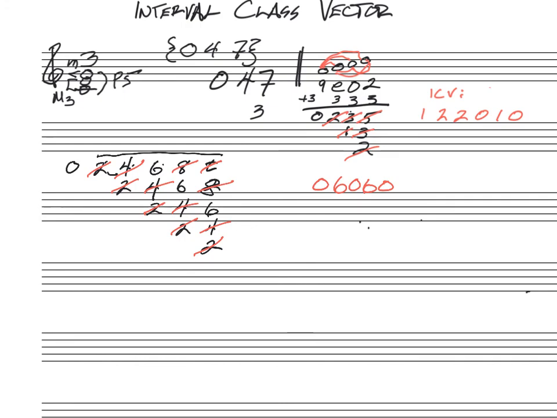And then interval class 6, 1, 2, 3. So we look at this, we see that the intervals that are there are only even number intervals. The interval class 2, interval class 4, and interval class 6.